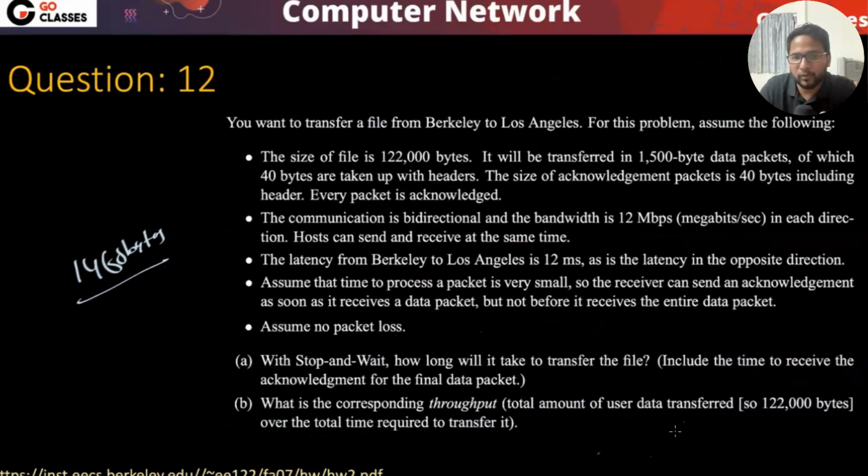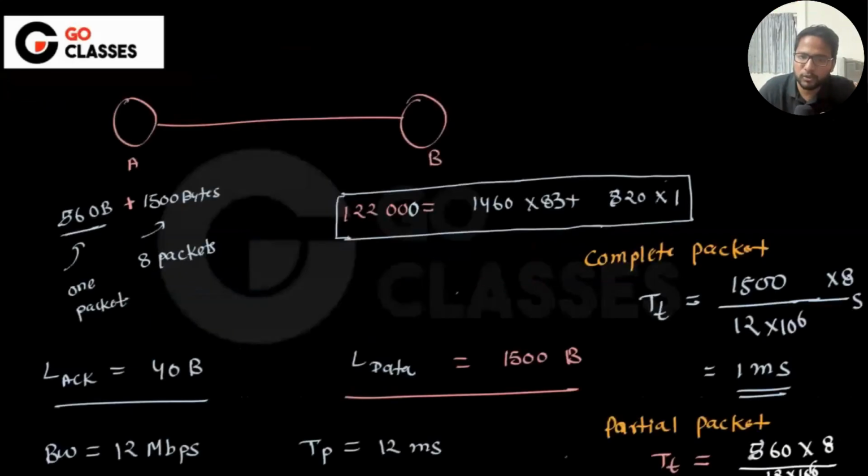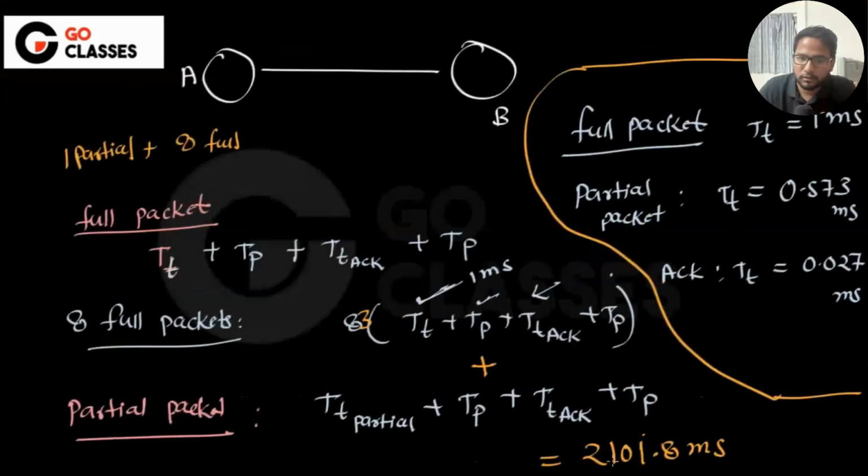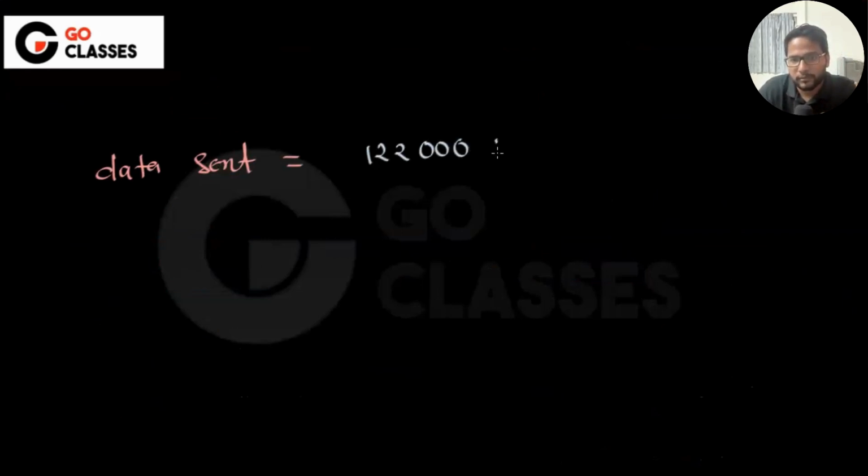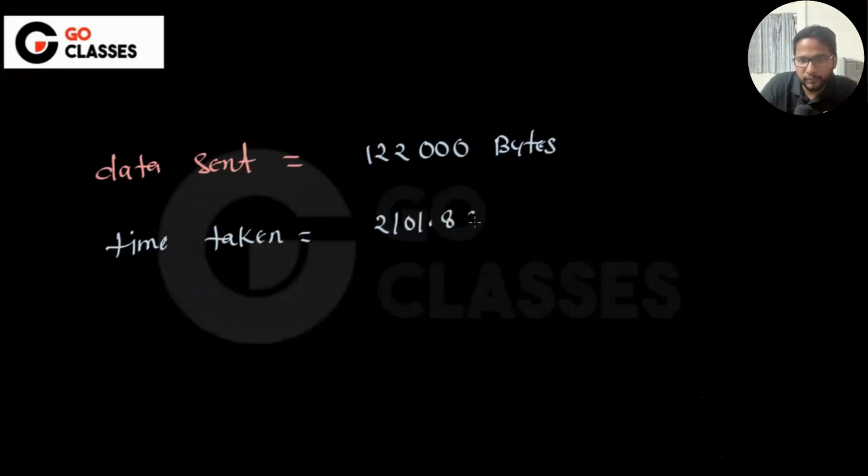The total time we have calculated is coming out to be 2101.8 milliseconds. And the data that we are sending is basically, they have also written down for the throughput, the actual data, apart from the header, because they have defined it like that: 122,000 bytes, time taken 2101.8 milliseconds.